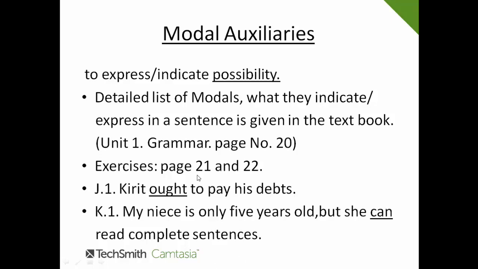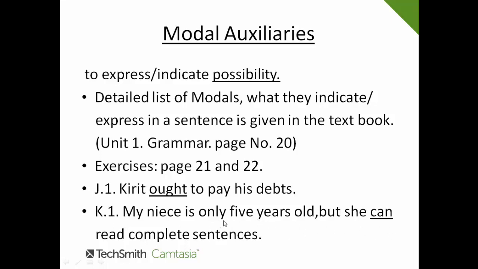Likewise, on page number 22, another exercise is given, and one has been solved for you here. Here also you are supposed to fill in the blanks with the right modal auxiliary. The first exercise is, my niece is only 5 years old, but she dash read complete sentences. You can fill in can.